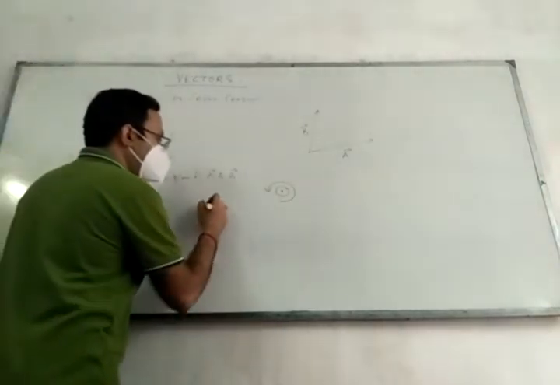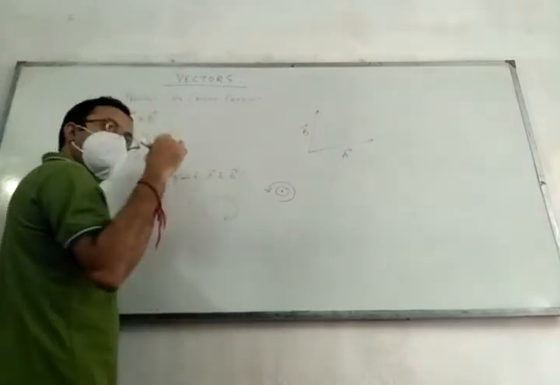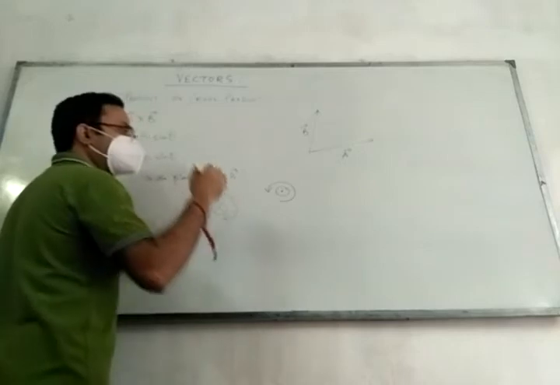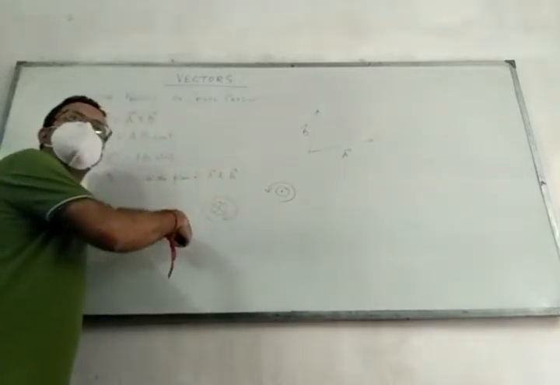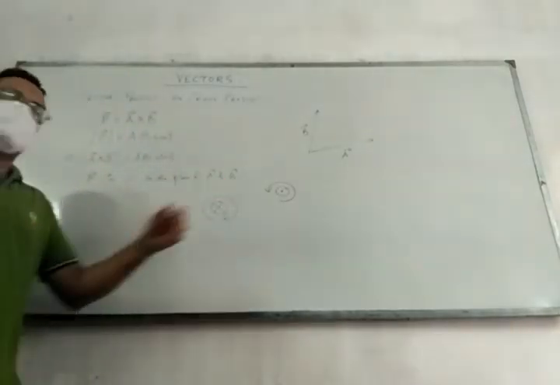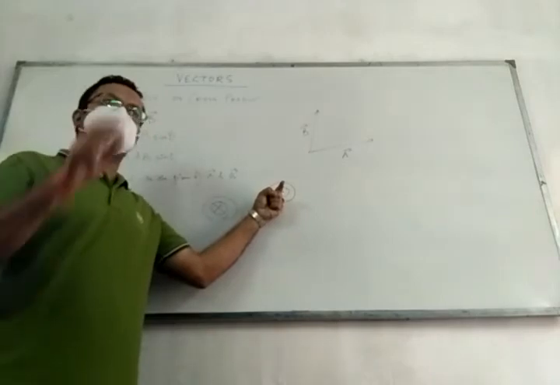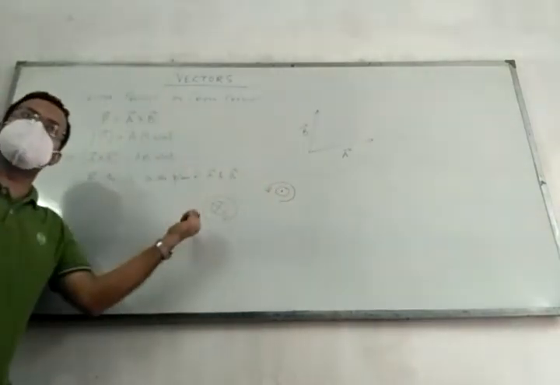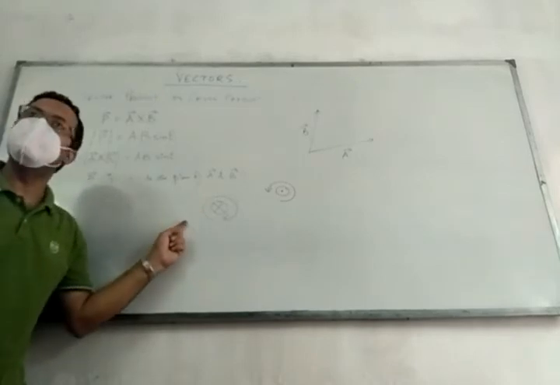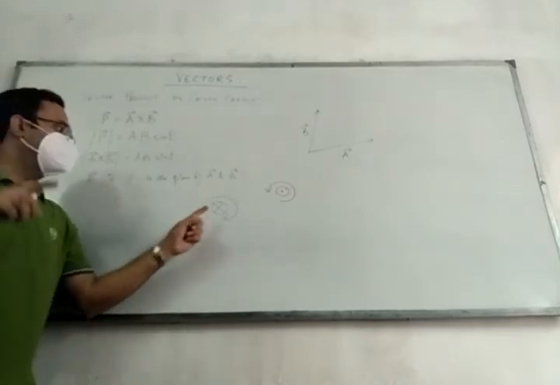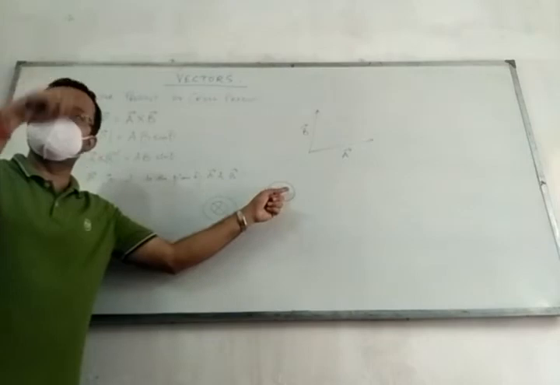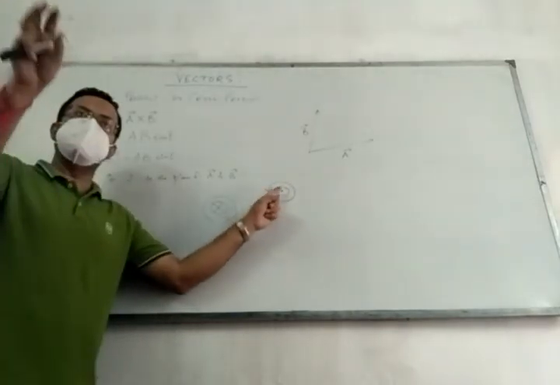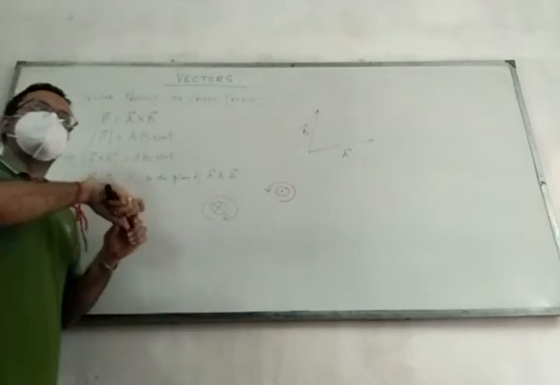And clockwise means a cross, meaning going into the plane of the board. Out of the plane you show with a dot circle, and into the plane with a cross circle. Dot circle means outwards, cross circle means inward.